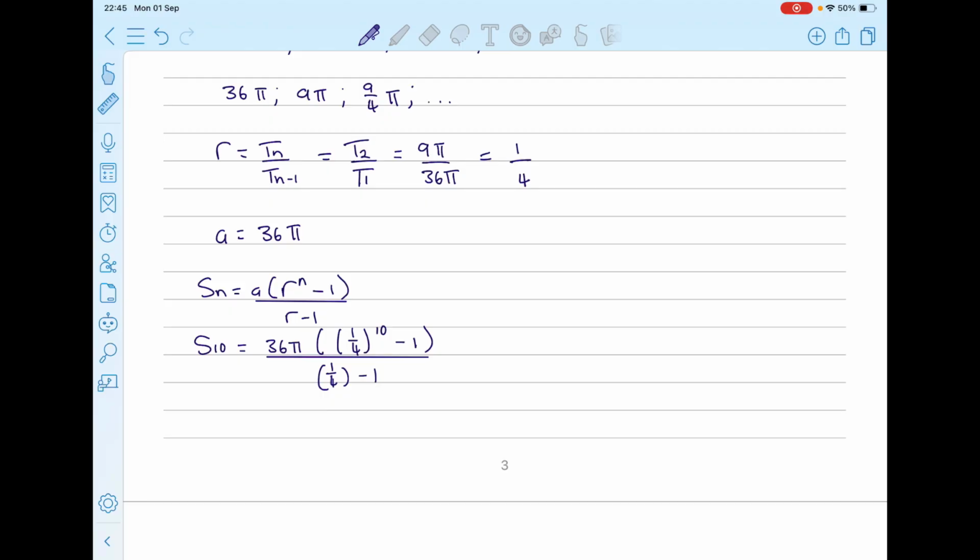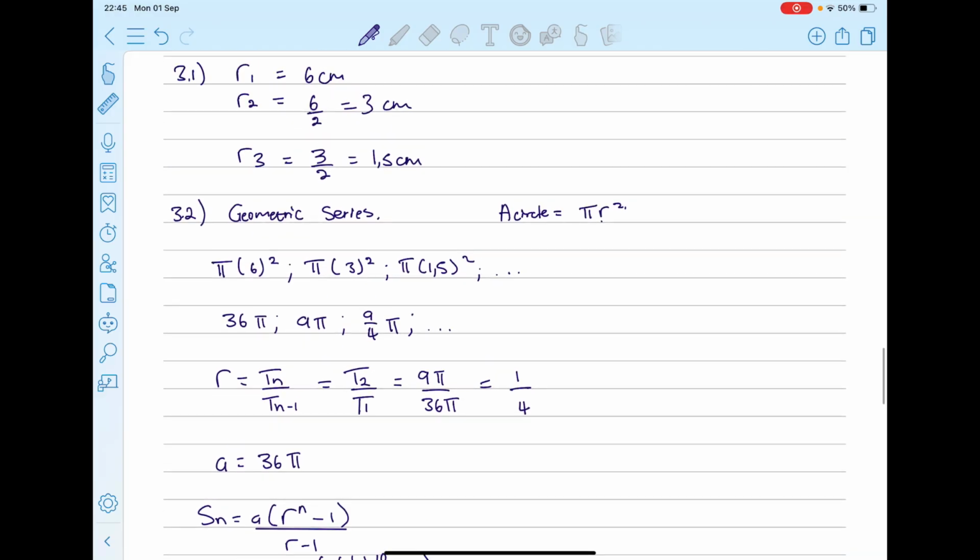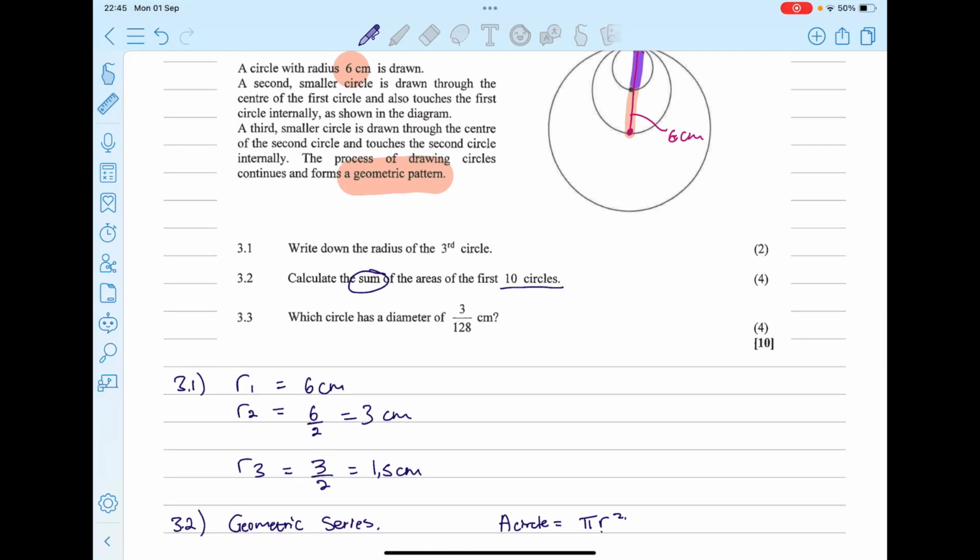And putting this in a calculator, S10 will be about 150,80. So this is the sum of 10 circles, the sum of the areas of 10 circles. Okay, pretty straightforward.